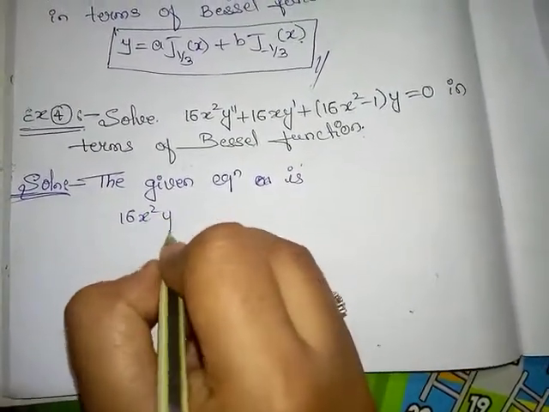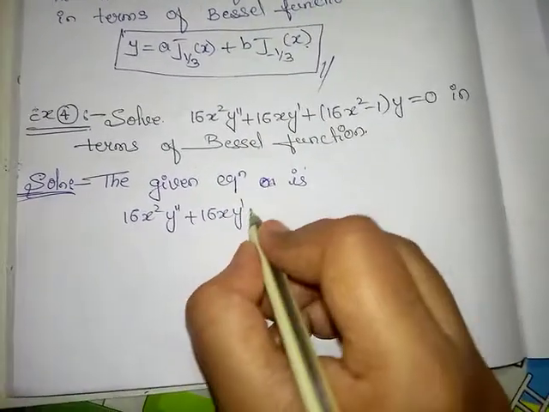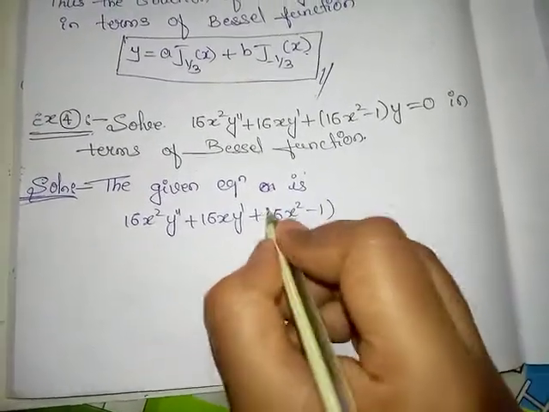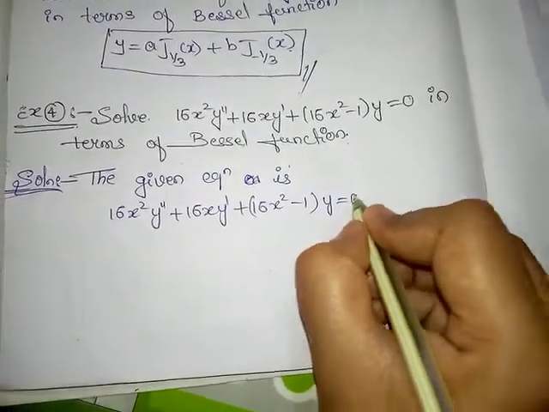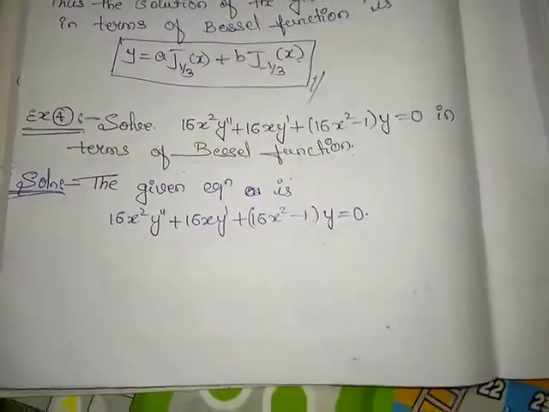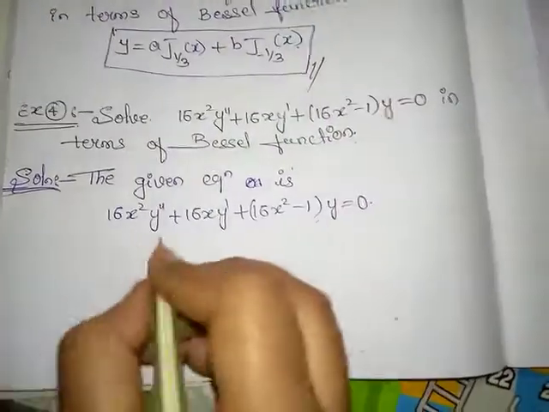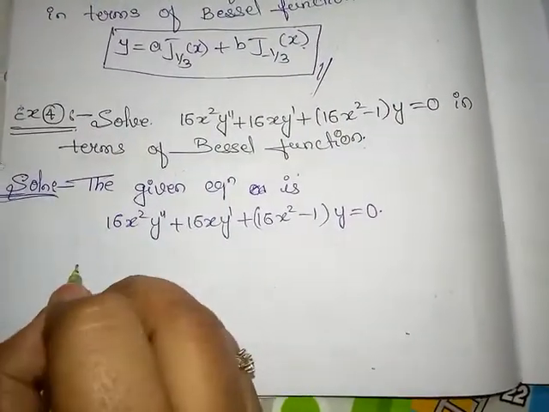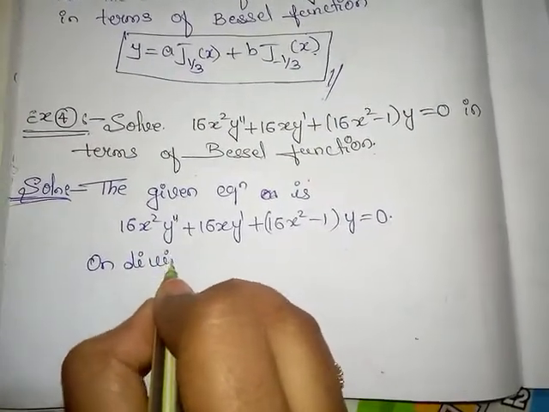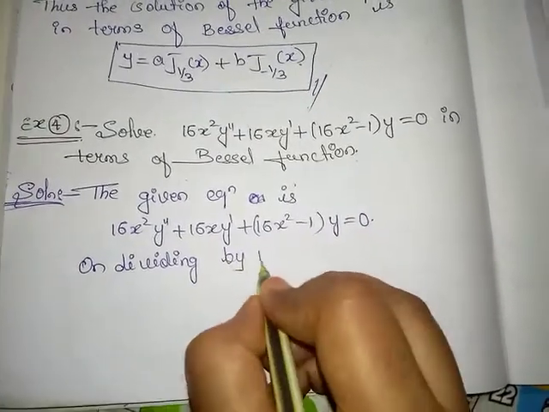16x square into y double dash plus 16x into y dash plus 16x square minus 1 into y is equal to 0. We know what our standard general Bessel equation is. To get that equation, we have to divide by 16.